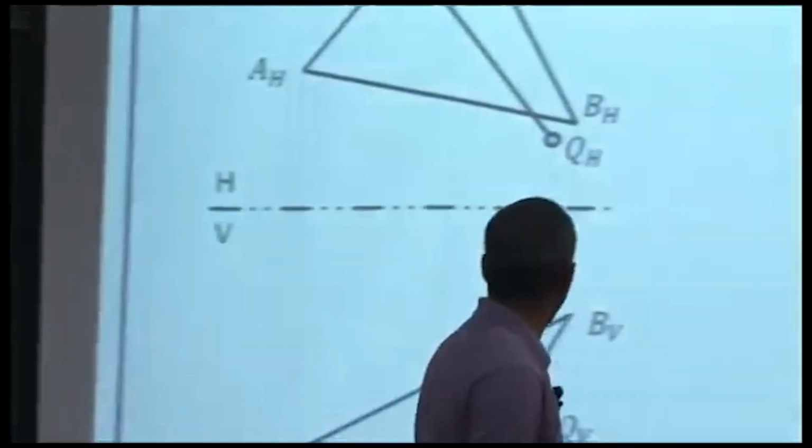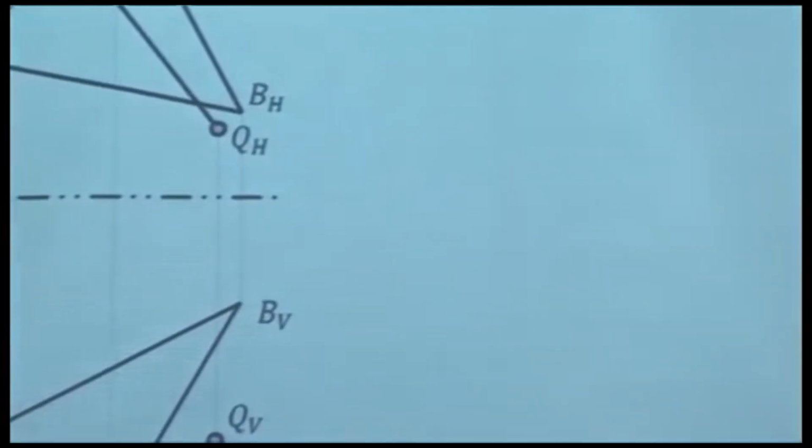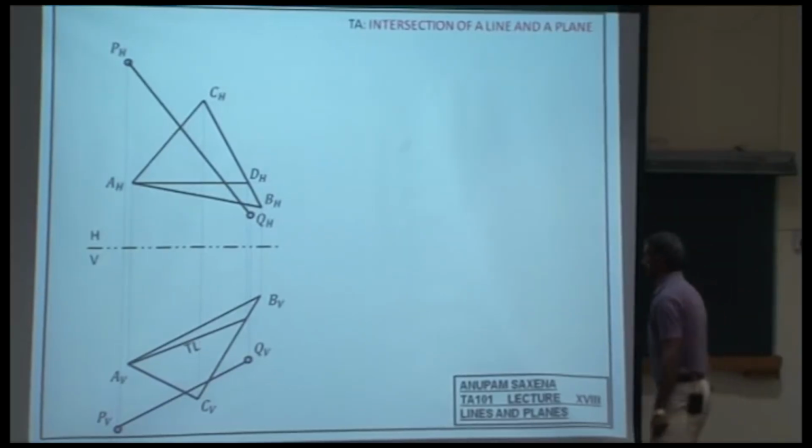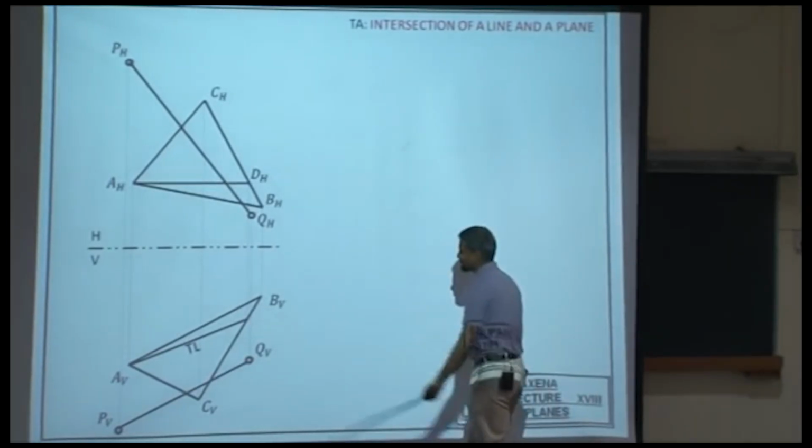Step one, to look at the edge view of the plane. Draw a horizontal line, that would be parallel to the horizontal hinge line. Mark DH on BHCH, take its projection down, mark DV, and so AVDV will be in true length.